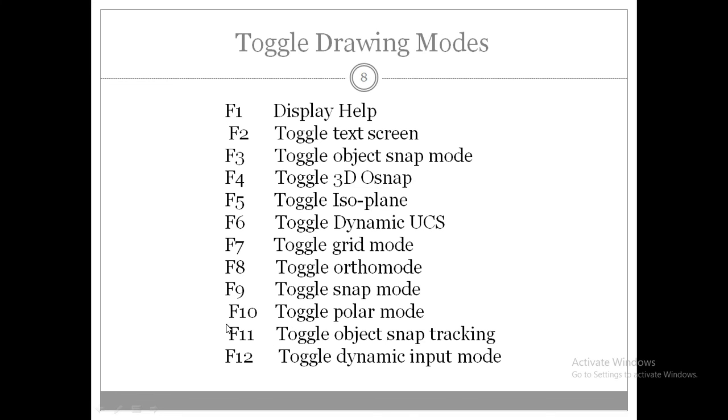For polar mode we use F10. For object snap tracking, which shows the distance from a specific point or angle or midpoint, all this, we use F11. Dynamic input mode will be shown by F12.